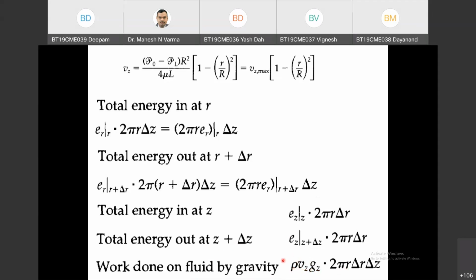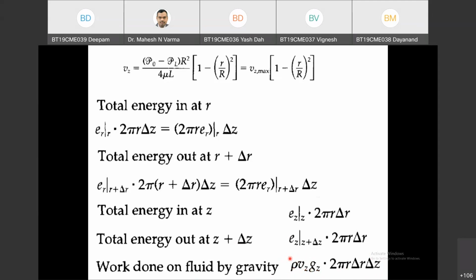This is the work done by gravity on the flowing fluid, because the fluid is flowing because of gravity.